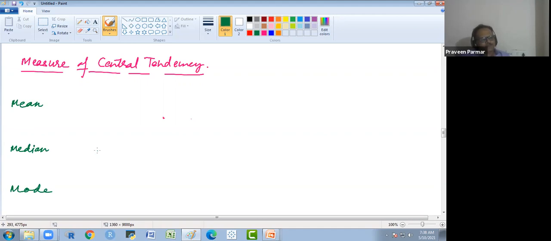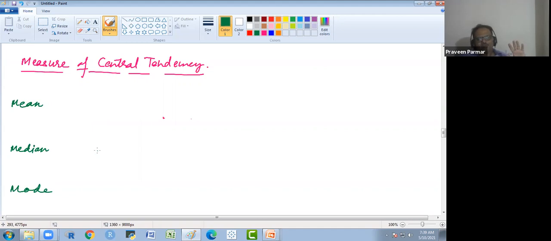In the city level, the councillor represents. So there's a single person who represents you. Similarly, in the data, we want a single value which represents the whole data. That is called a measure of central tendency.